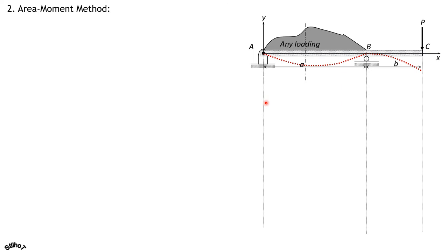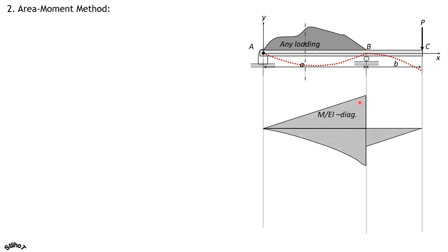Here, the best moment center is either A or B, but B is better for this case. So we select point B as the moment center. After computing the vertical reactions at A, we sum up moments about this point B. This is due to the reaction at A. So we have a first degree curve, and this is the loading.